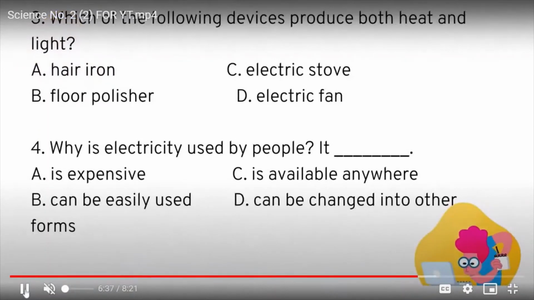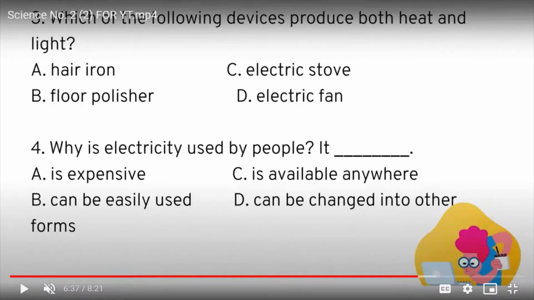All right. Our third question is, which of the following devices produce both heat and light? A. Hair iron. B. Floor polisher. C. Electric stove. And D. Electric fan.